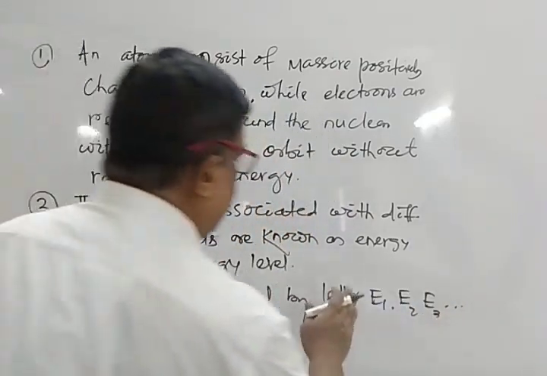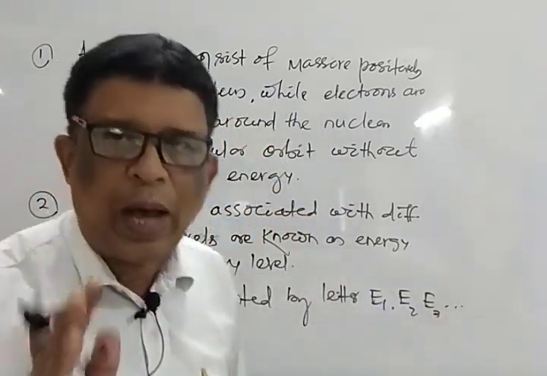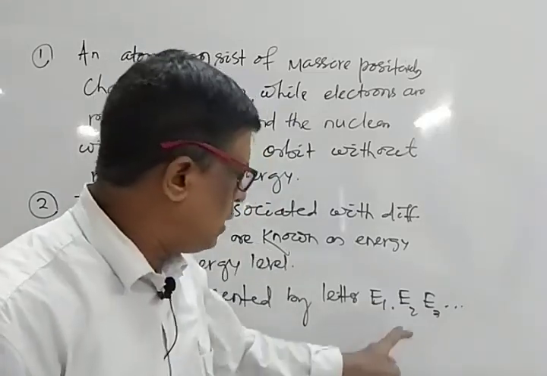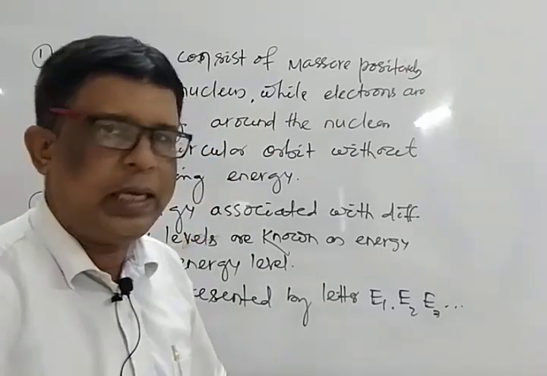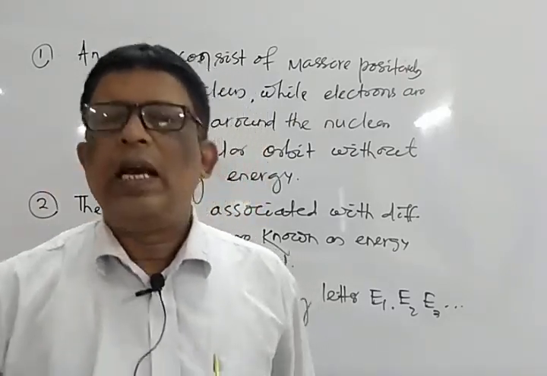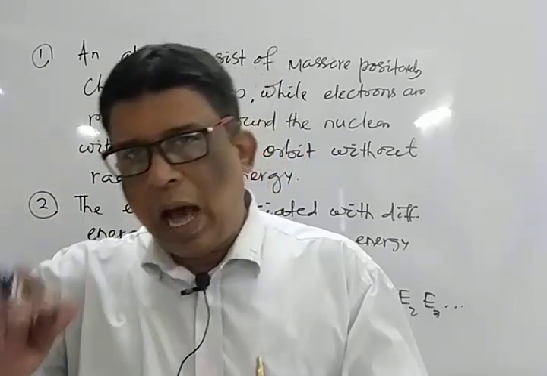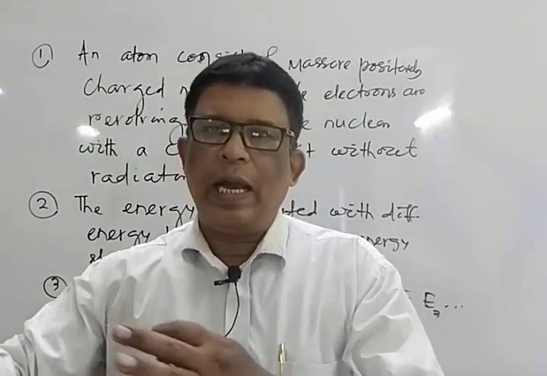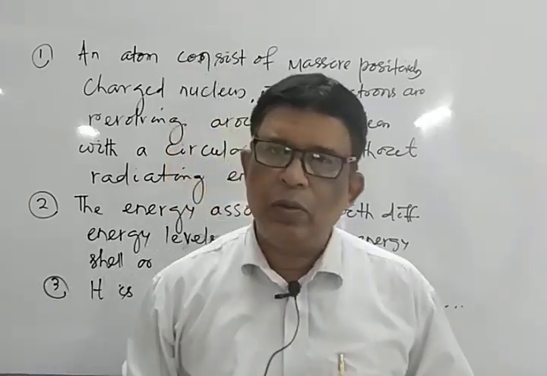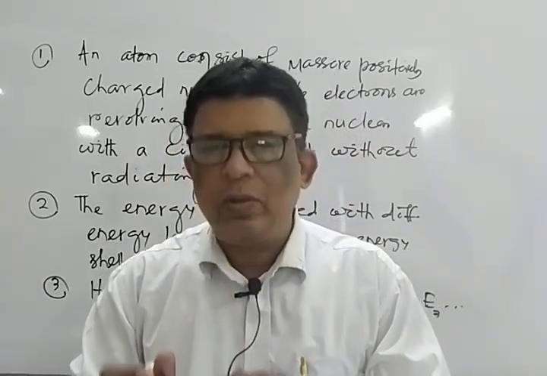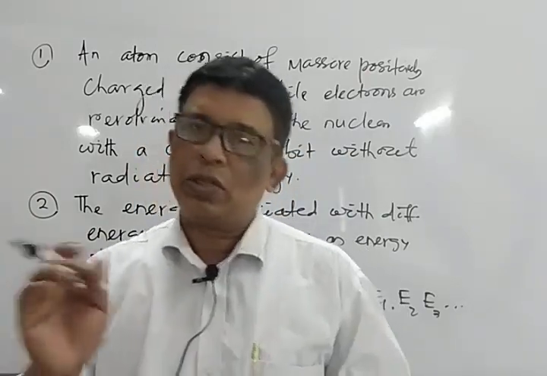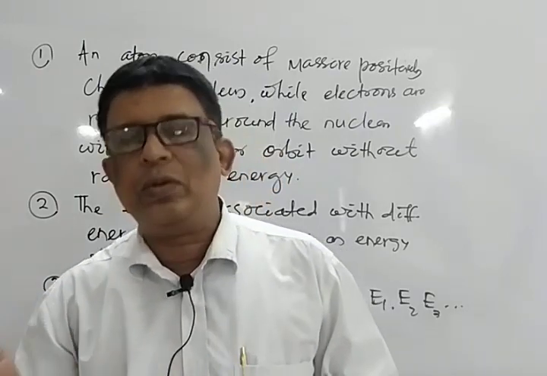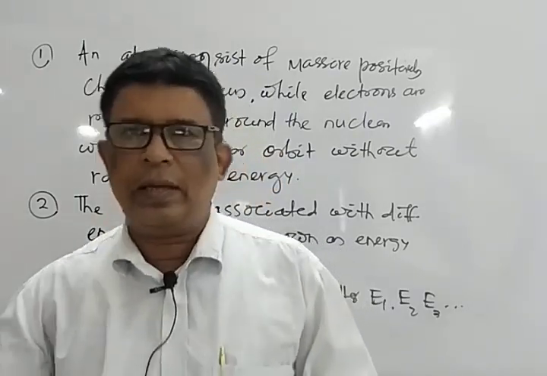That means the energy of the first cell, that is K cell, is E1, the energy of the second cell is E2, and of the third cell is E3. If we move away from the nucleus, the energy of the different energy levels increases. That means E1 is less than E2 less than E3 less than E4, such that E2 minus E1 is greater than E3 minus E2, which is greater than E4 minus E3.